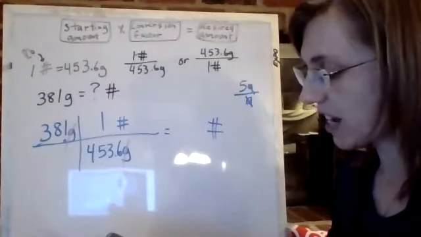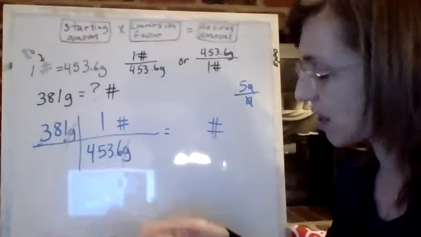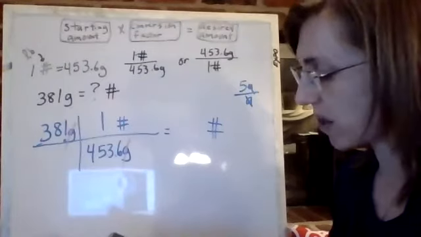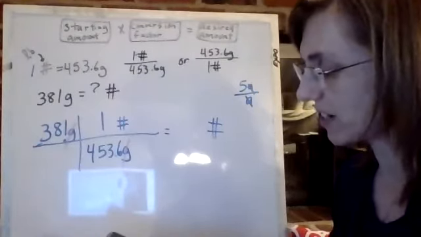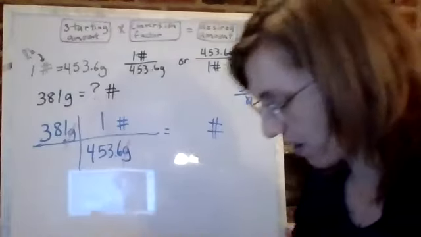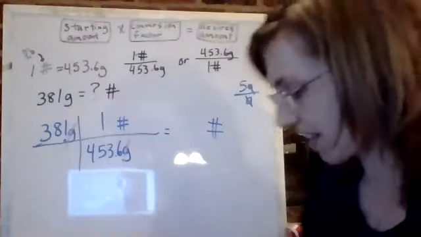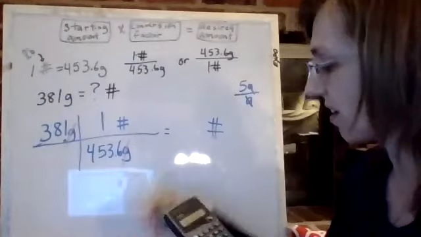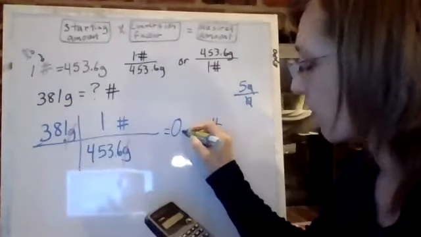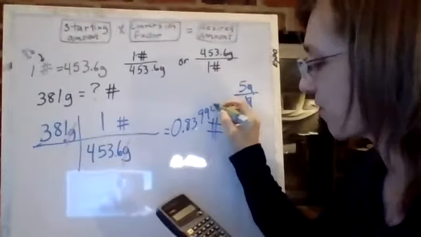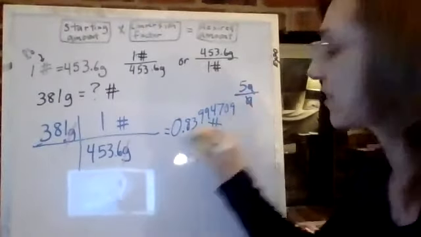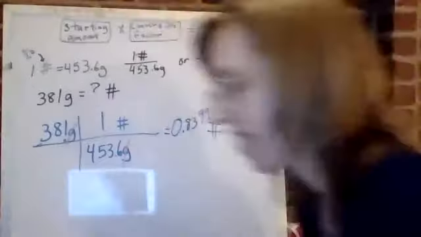So we've got 381 times 1 divided by 453.6. We get our answer, and our answer is 0.83994709. This is what comes off the calculator.